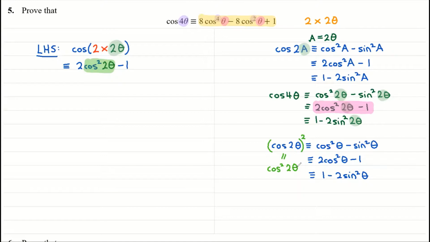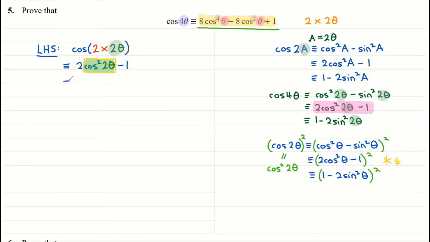Now, if that's the case, I would then have to square any one of these. But I have to also choose which one I'm going to use. Because it's cos squared 2 theta, and because I want everything in terms of cos theta, the one to choose, and you should be screaming at the screen with me, is that middle one. So I'm going to replace the cos squared 2 theta here with this again.